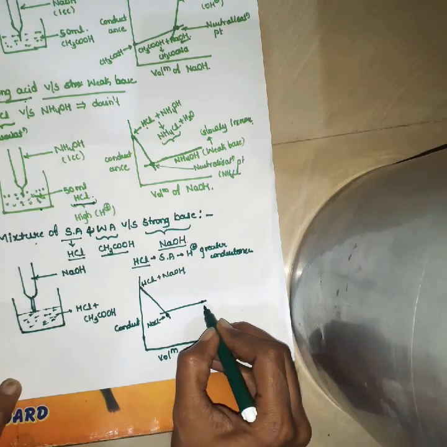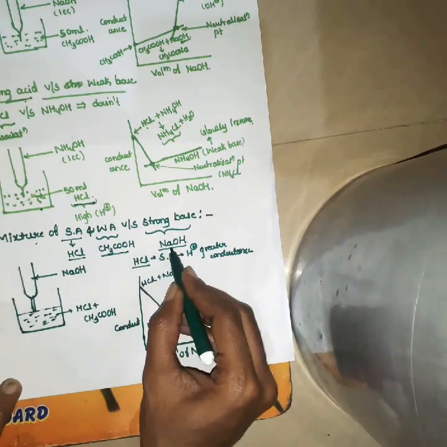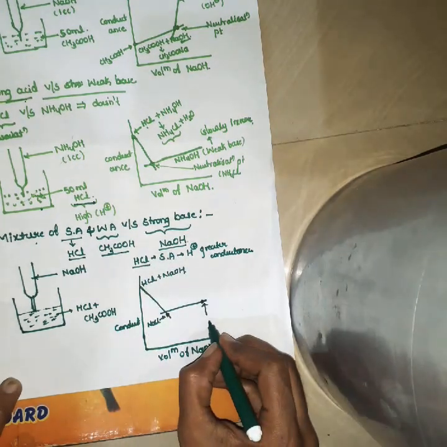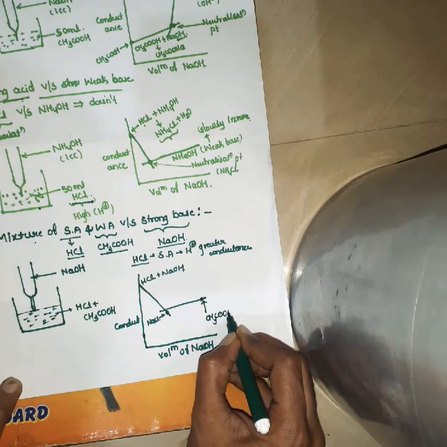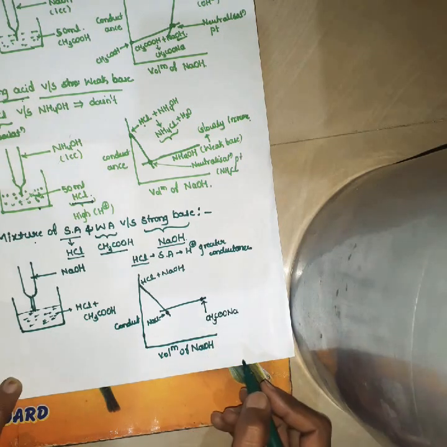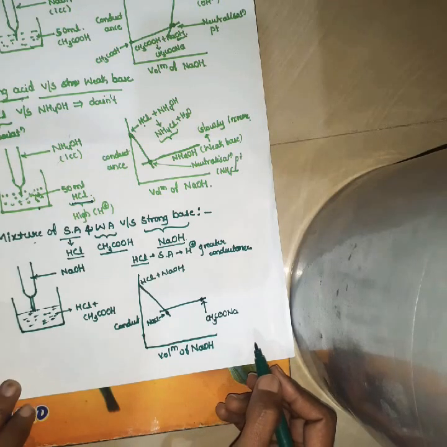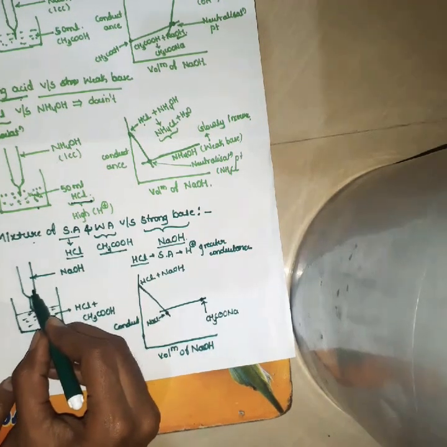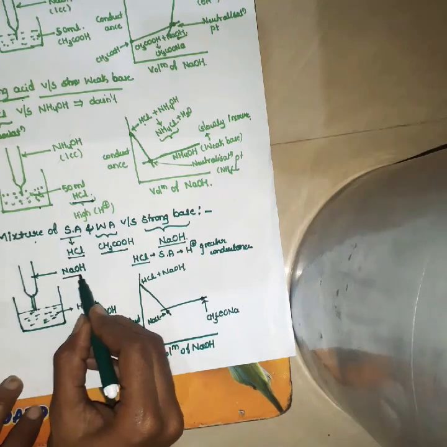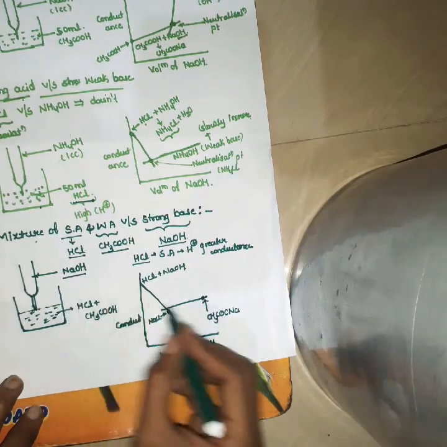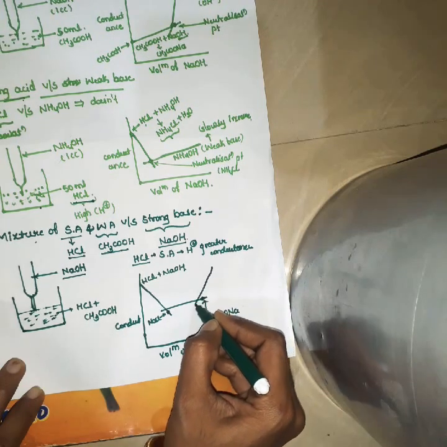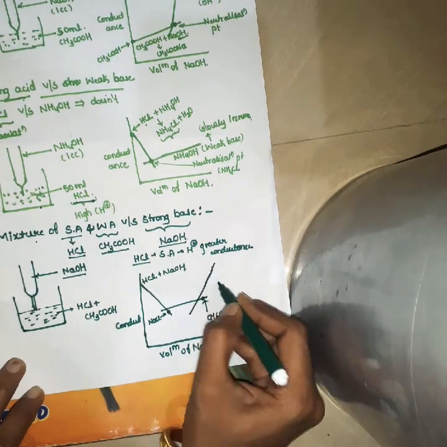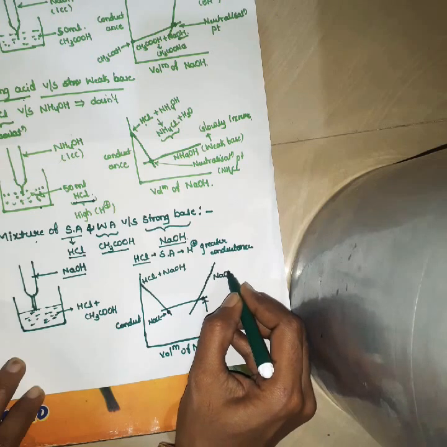At this point, all the acetic acid has reacted with NaOH. It forms sodium acetate, CH3COONa. After that, NaOH remains in the burette, and on further addition of NaOH the conductance increases due to NaOH.